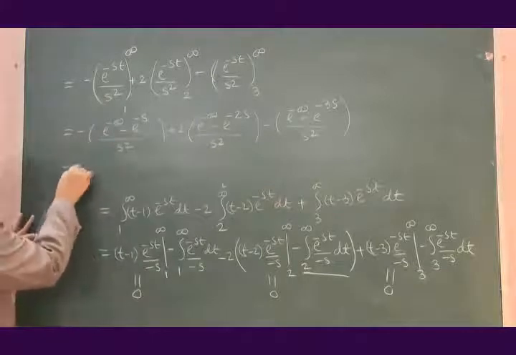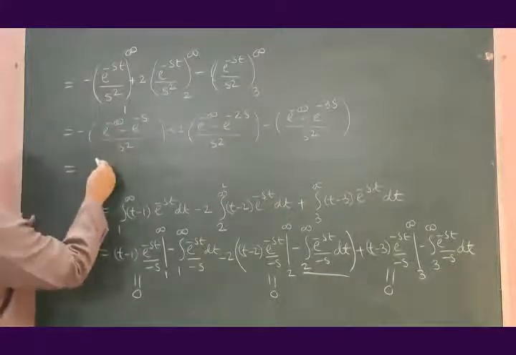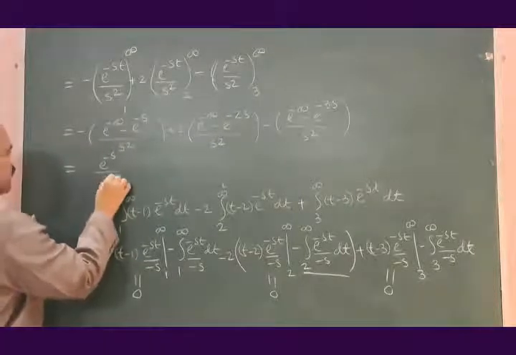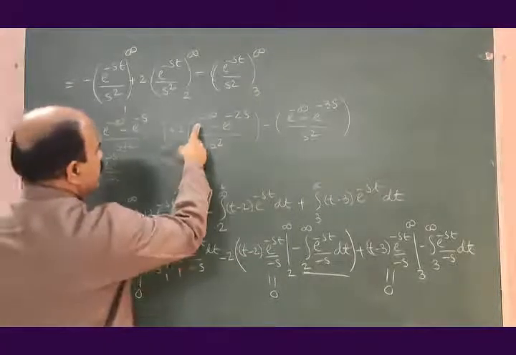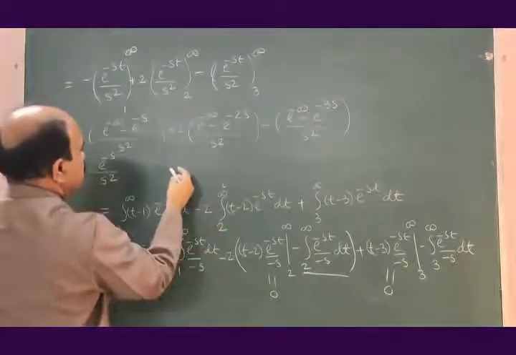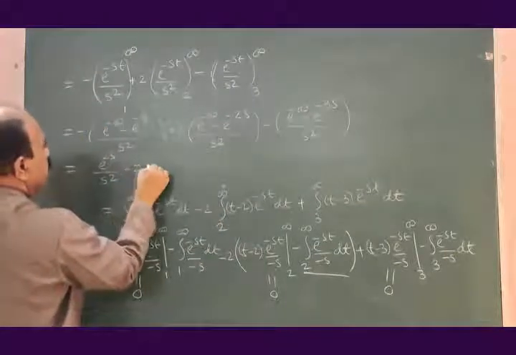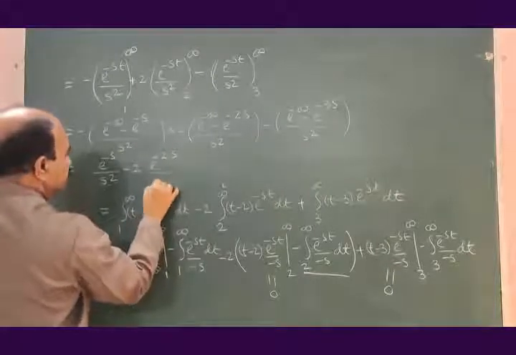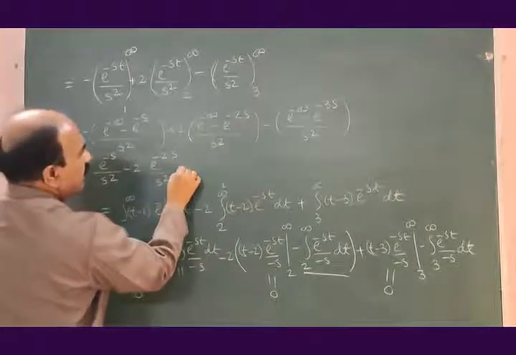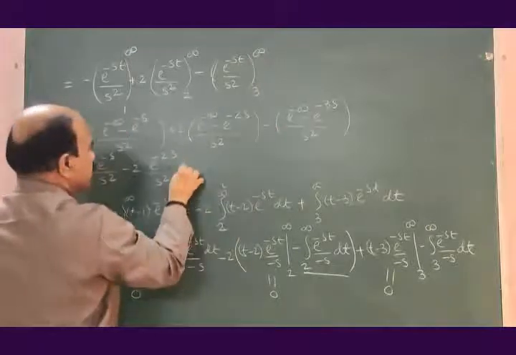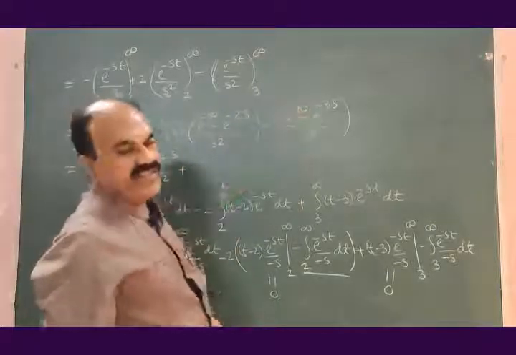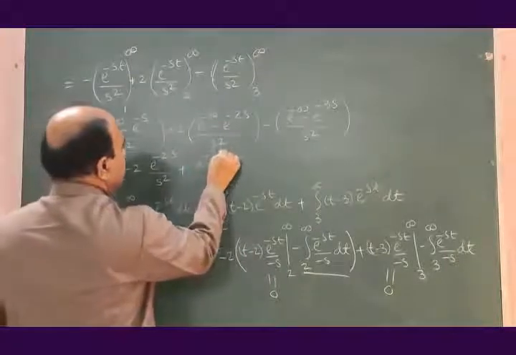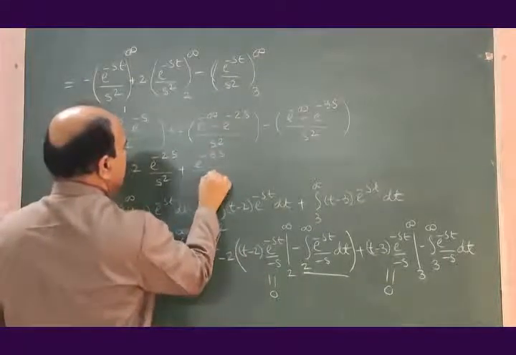This is 0 minus minus plus e to the power minus s divided by s square. 0 minus plus minus minus 2 into e to the power minus 2s divided by s square. Minus minus plus, because e to the power minus infinity is 0, e to the power minus 3s divided by s square.